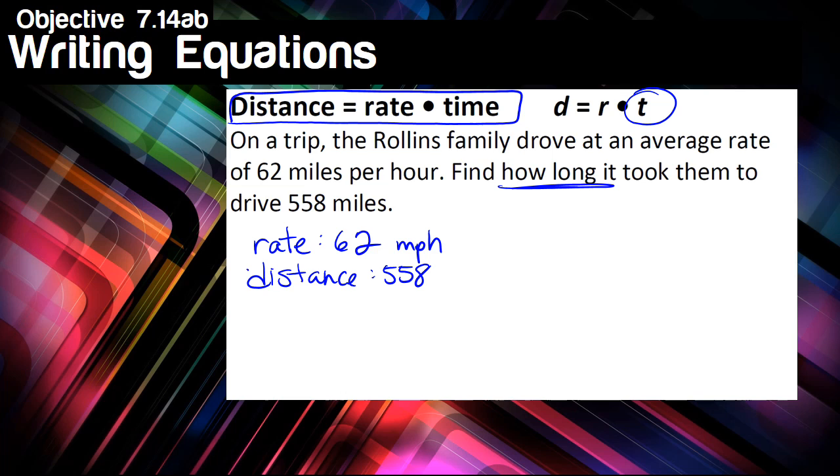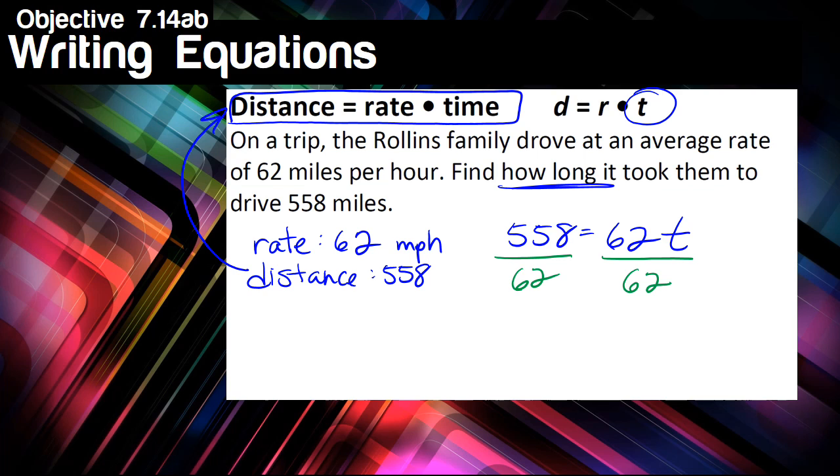Let's go ahead and fill it right into this equation right there. So our distance will be 558 is going to be equal to our rate of 62 times T. So now we just got to get T by itself. So let's go ahead now, doing a one step, divide both sides by 62.